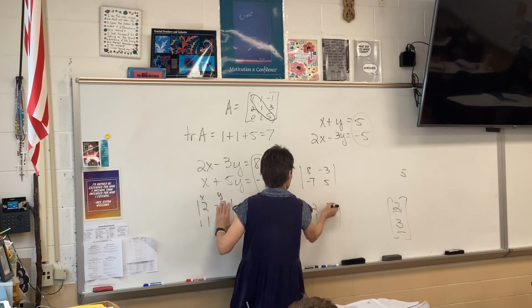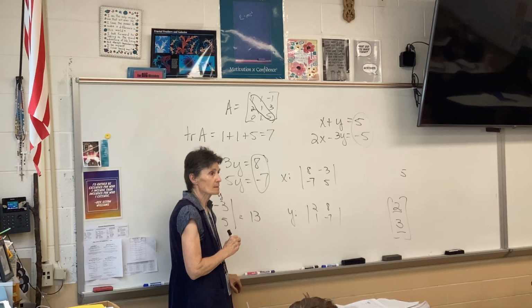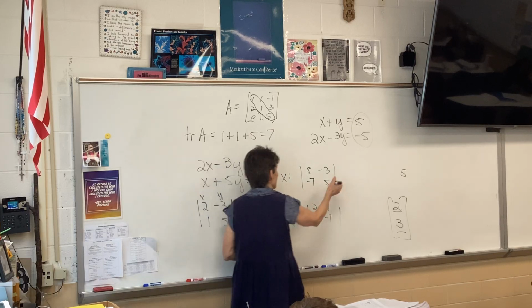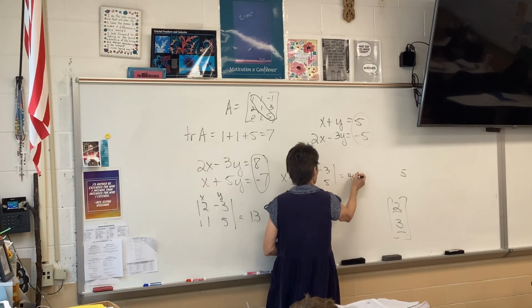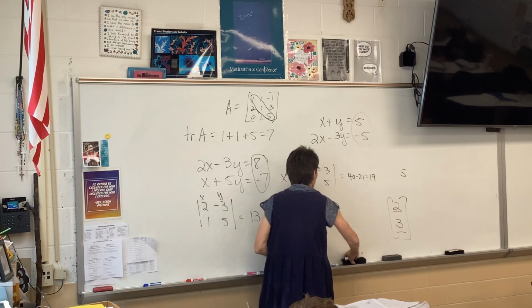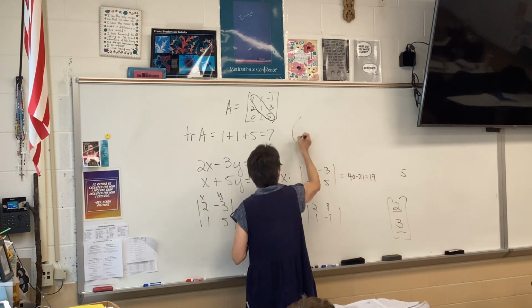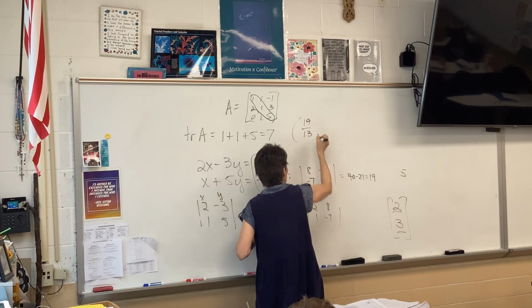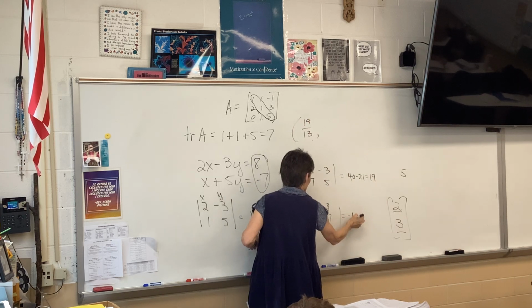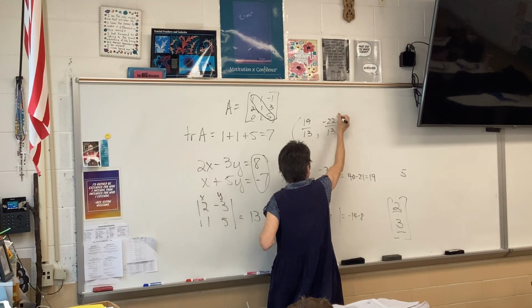So my x's stay the same, and I have new y's. Then I evaluate those, so that's going to be 30 minus 19. And remember, that goes over the 13. So that's 19/13, and negative 22.